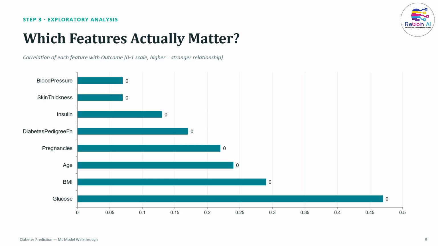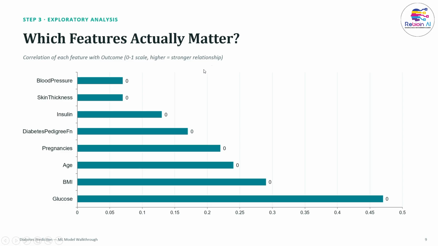Now that we know the data has some issues, let's see which features actually carry a signal about diabetes. This chart shows the correlation of each feature with our target, outcome. Glucose comes out on top by a wide margin at 0.47. Yes, you can see the correlation of each feature with outcome, on a 0 to 1 scale.